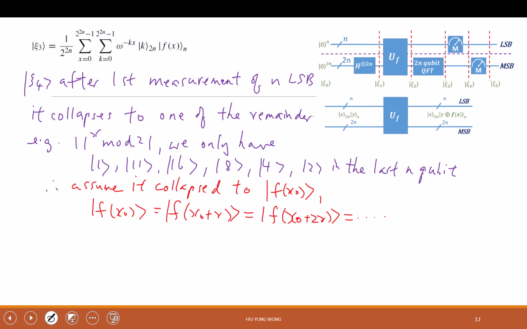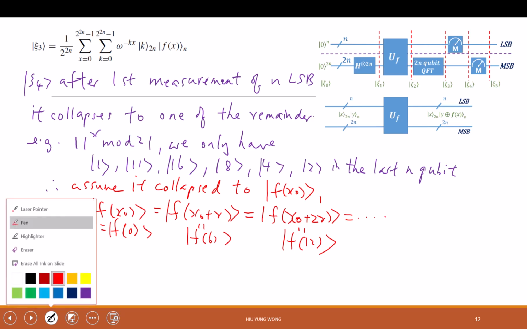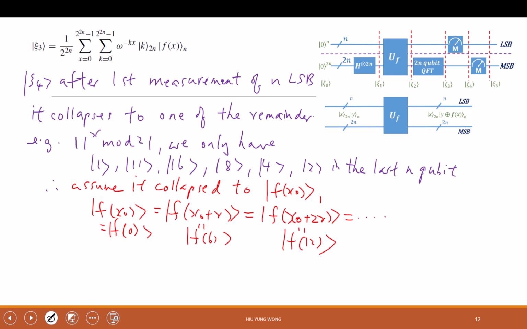So you have f of 0, f of 6, f of 12. The reason I want to say that is this. When you collapse, then other functions will be gone. But only those x that give you the same f of x will exist.